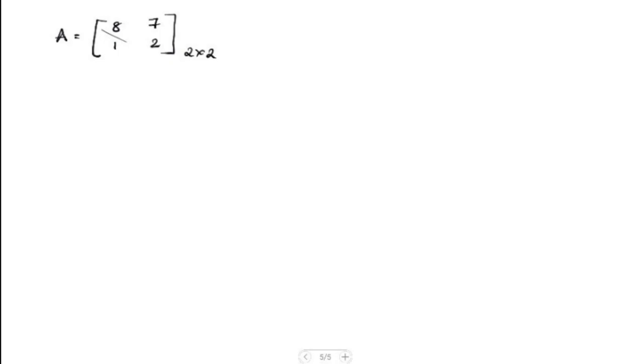So here the only element that we have to make 0 is just this element here. So this is L21. So first let's find out what L21 is. L21 would be, after freezing the first row here, A21 divided by A11, which is 1 divided by 8.